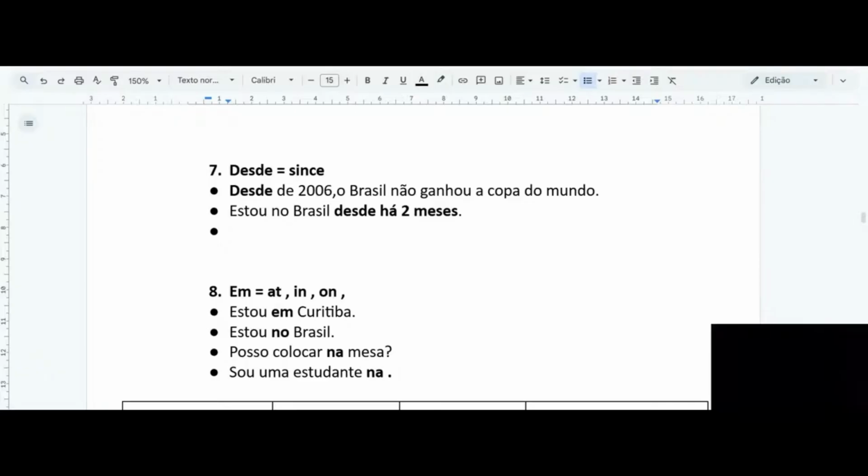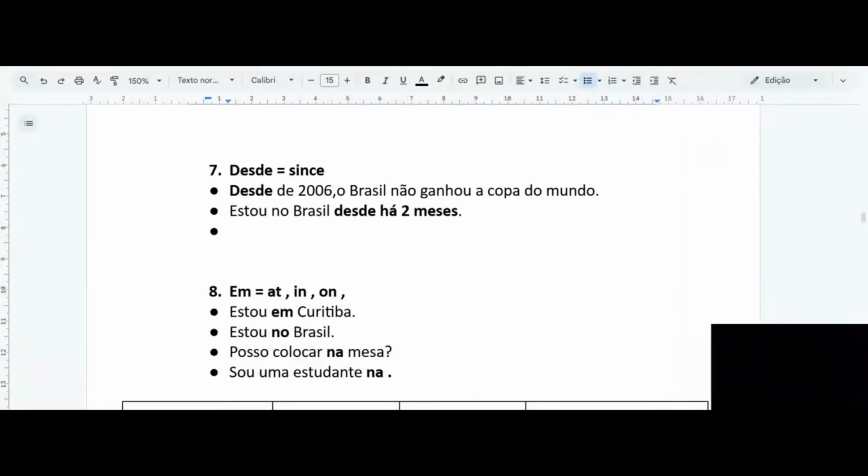Okay. But if you are head of city, then it means you're going as a country. The country, that's where you get the "no", "na". So for countries we don't use "em", like "estou em Nigeria". No, no, no, no, no. You need to say "estou na Nigeria".